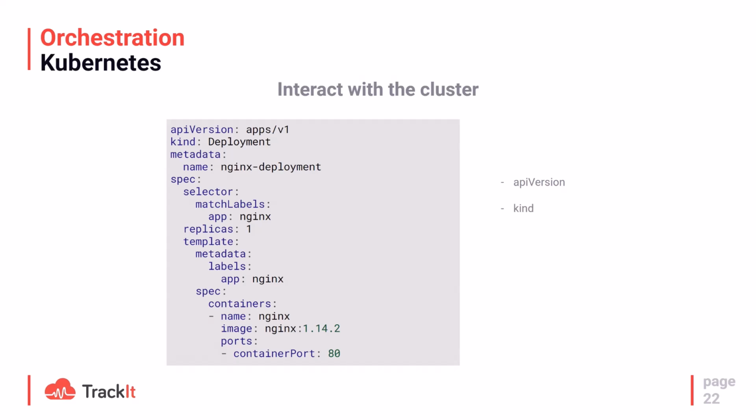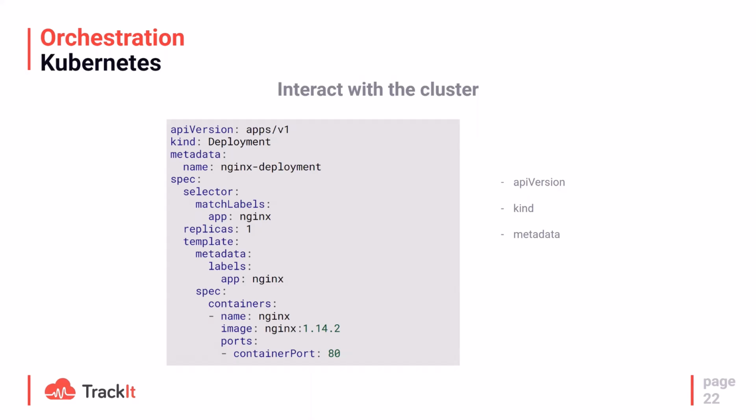The second key is the kind. It's the type of the object we want to create. In my case, it's a deployment. Then you have the metadata, not necessarily, you will not find those keys every time, which is just data that you can attach to the object.